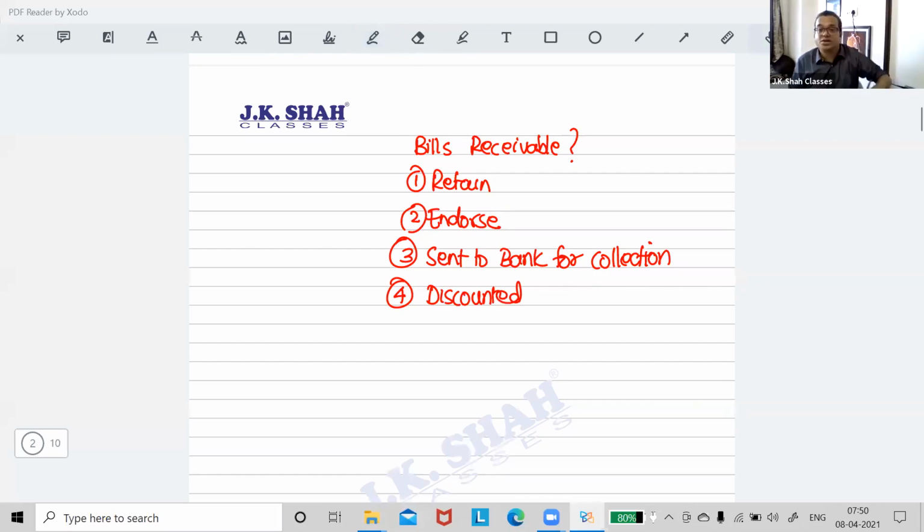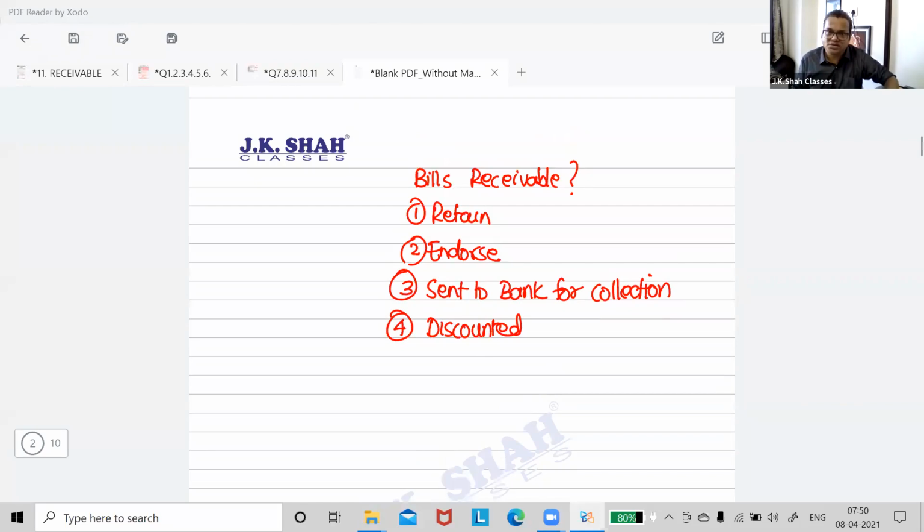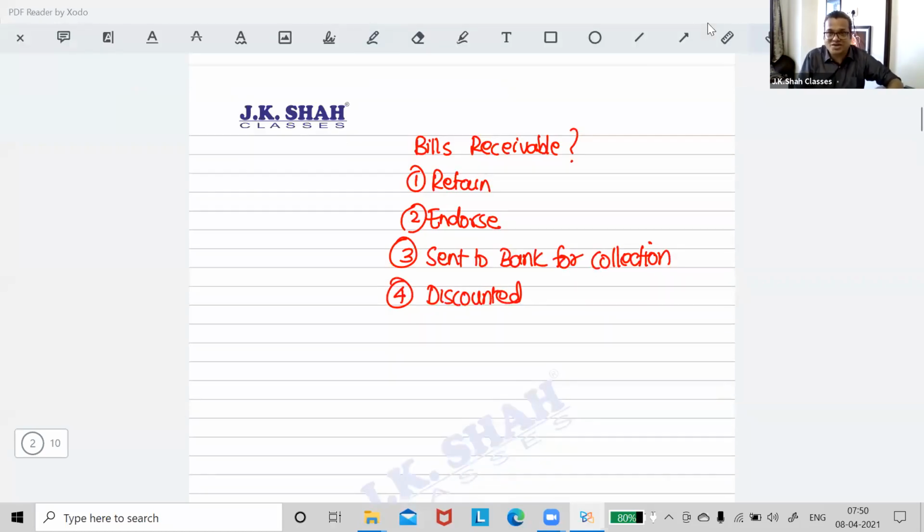So these are all valid four options. Retain is where I hold the bill till due date. Somebody has also added a fifth option, that is retire the bill. In general, we say that these are the four options, right?